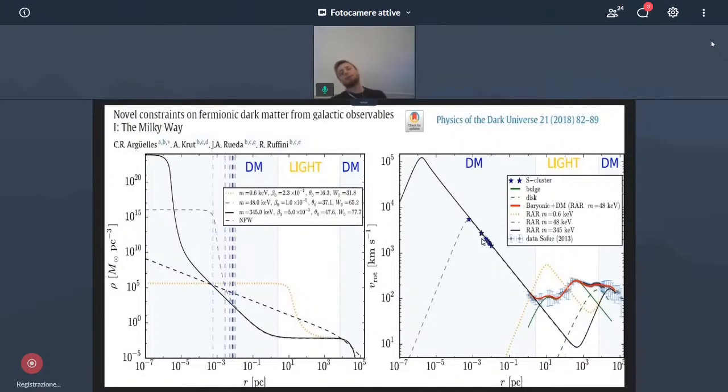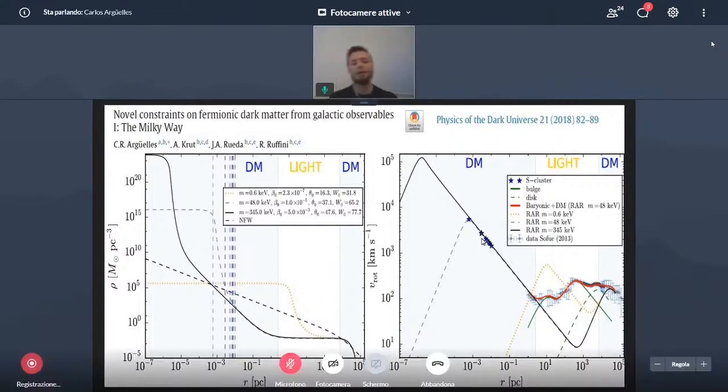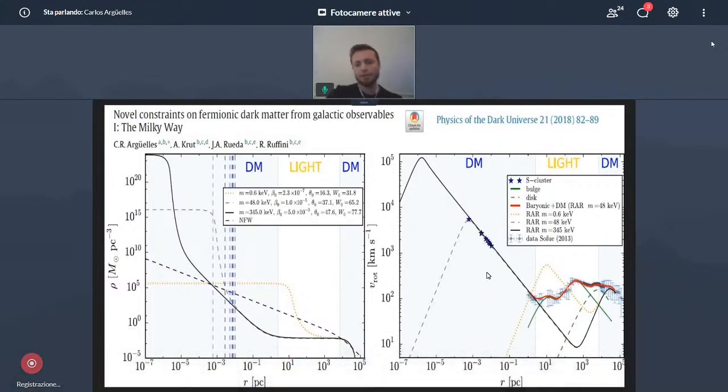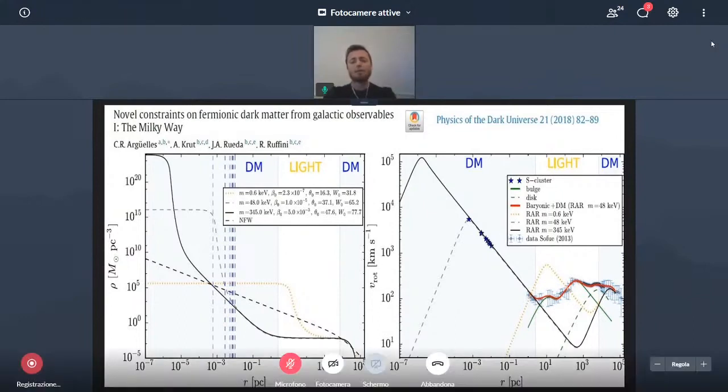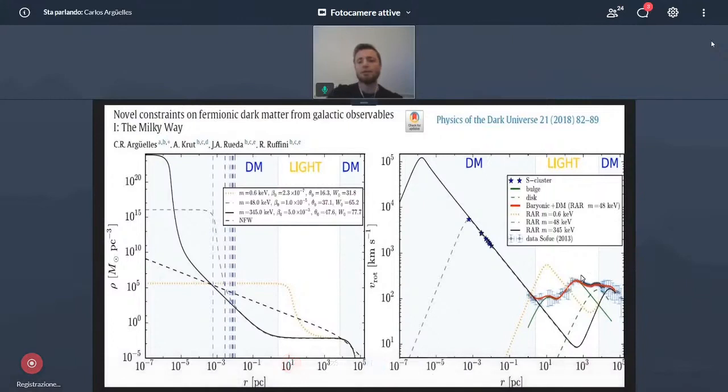So this solution can fit the average circular velocity of these stars following a Keplerian trend, but also the whole rotation curve from inner bulge to outer halo. Of course, you see that in the intermediate range the domination is bulge and disk. Dark matter is only important below 1 parsec, and then above several kiloparsec, where it is needed to explain the flatness of the rotation.